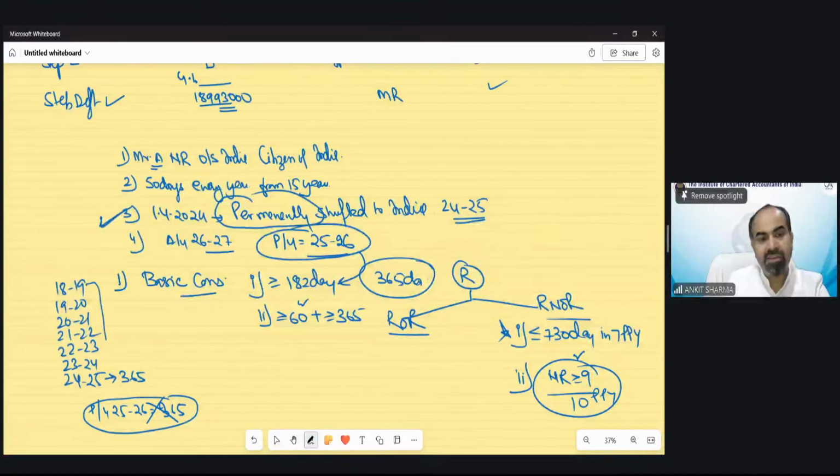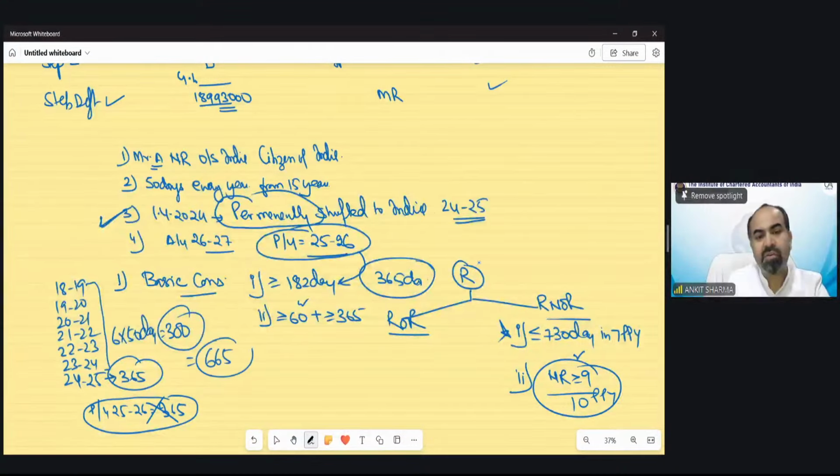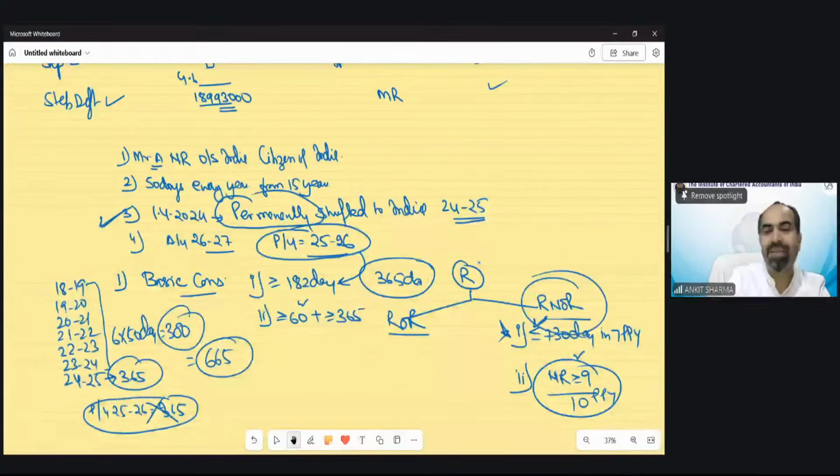For the remaining 6 years, he was in India for 50 days every year. So how many days? 300. 300 plus 365, 665 days he was in India in the 7 preceding previous years. So he does fulfill this condition, and as soon as you fulfill this condition, you would be a resident and not ordinary resident.